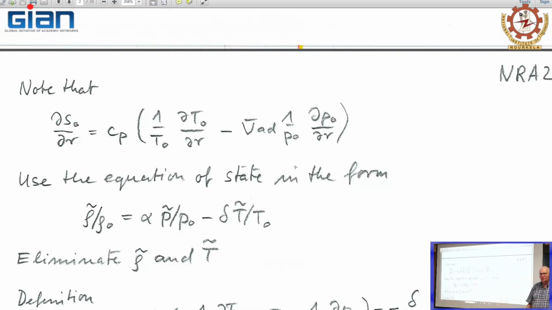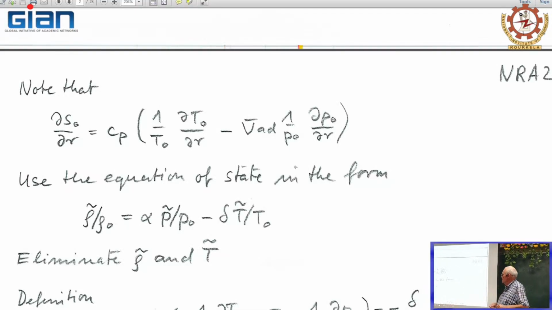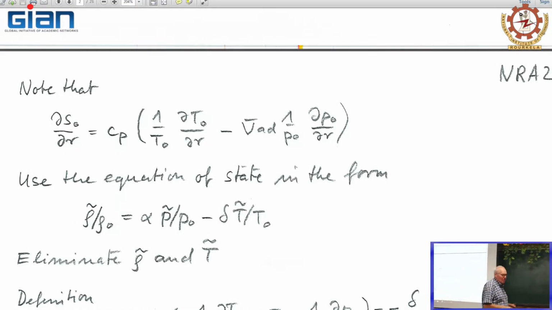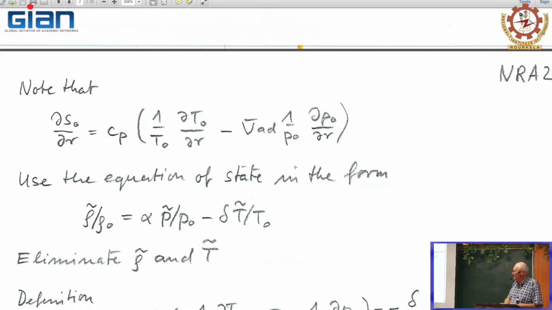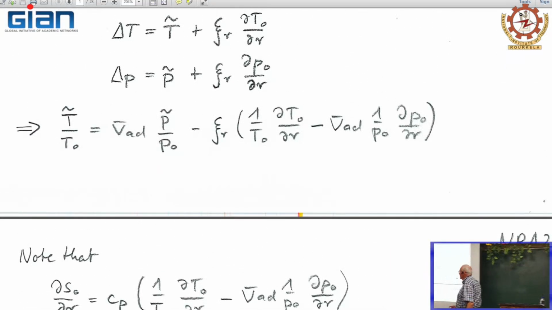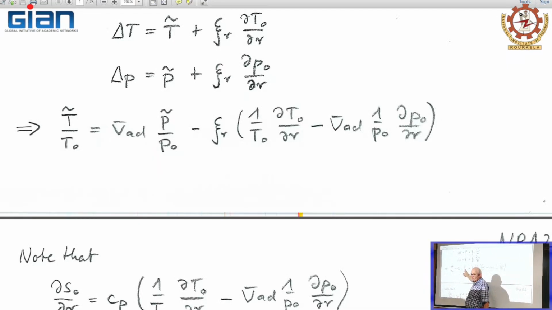It's simply based on an equation of state where the density depends on pressure and temperature, or where we choose pressure and temperature as a thermodynamic basis. What shall we do with all these equations? Well, we can now replace the density perturbation by the pressure perturbation and the temperature perturbation, and our condition that we are dealing with adiabatic perturbation.